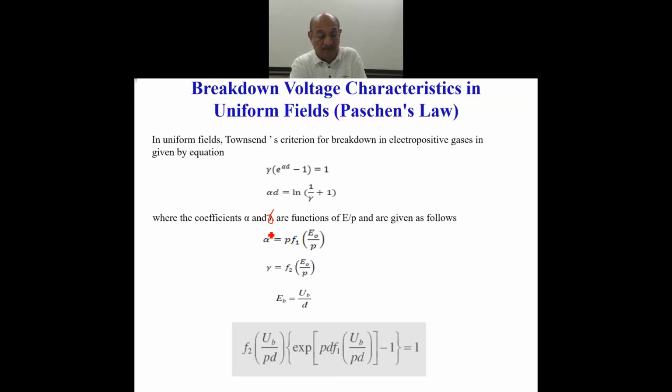EB will be equal to UB by d. When you put these alpha, gamma, and EB values, for breakdown, when we are trying to find out the breakdown voltage, the breakdown field intensity is being written here. This equation was given by Paschen.